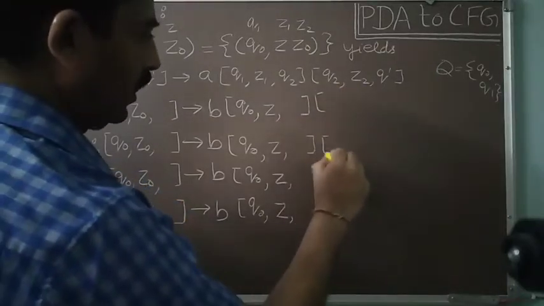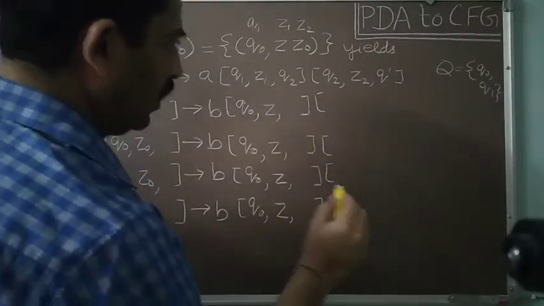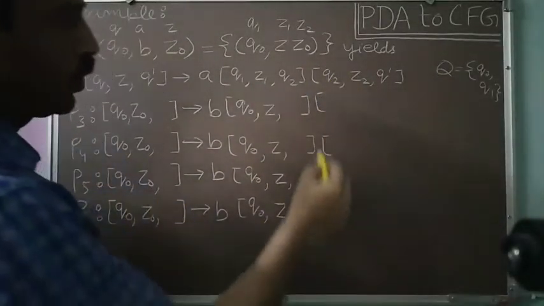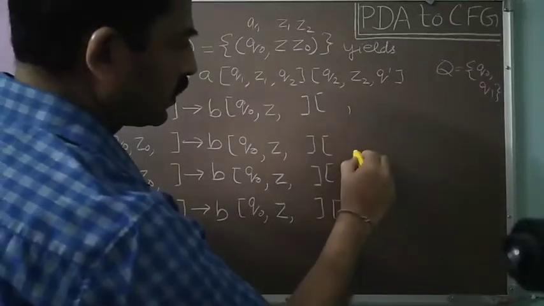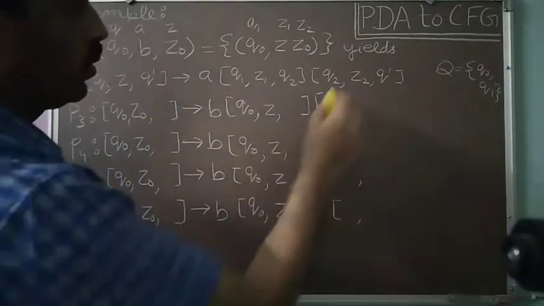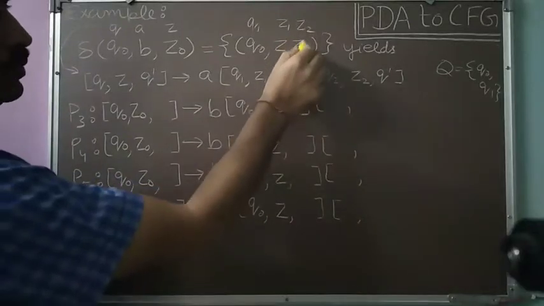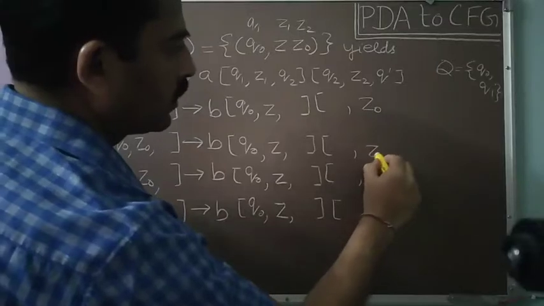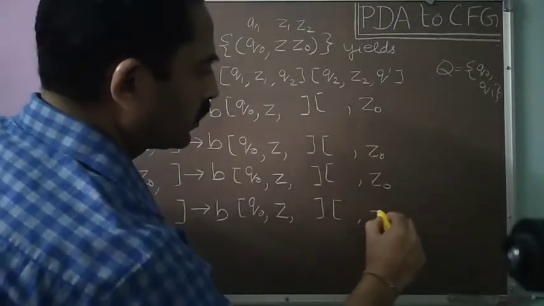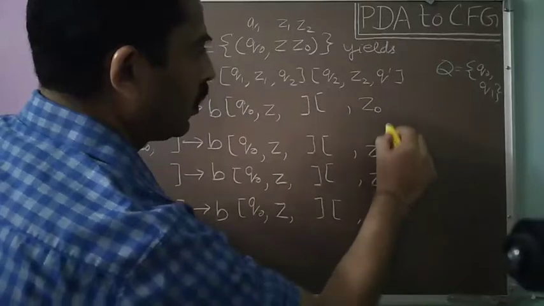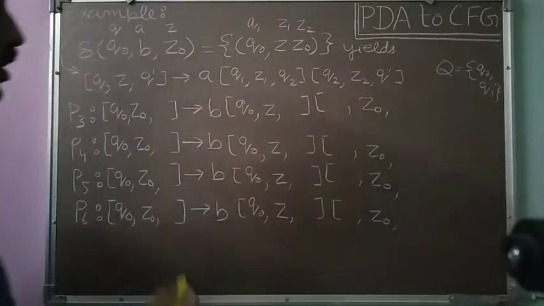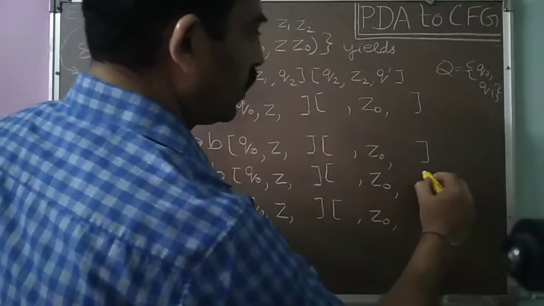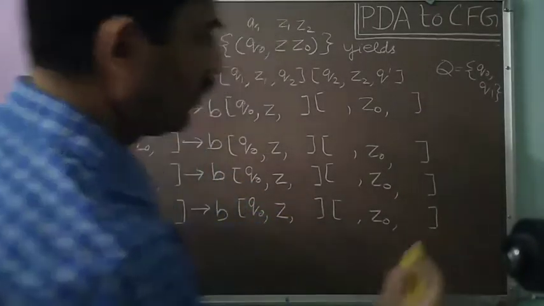Then second. Here again, the value of Q2 is not known to me, so I will leave this blank. I will be putting just a comma. The value of Z2 is Z0, so I will be putting Z0 here because this is fixed. Then I am putting a comma, and then Q dash. Q dash will be the same value which I will be having here. I will be putting it like this.